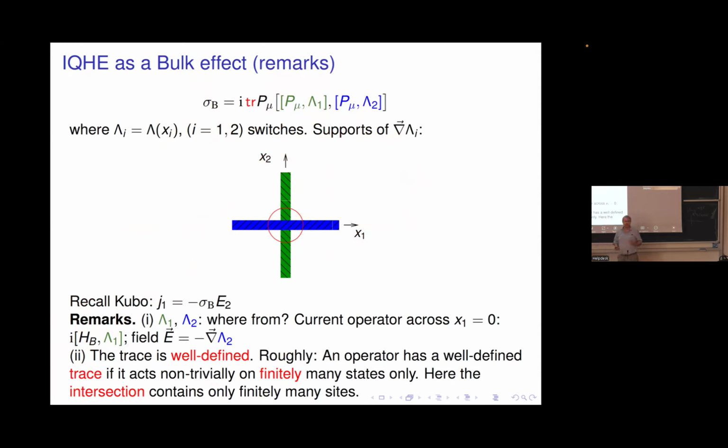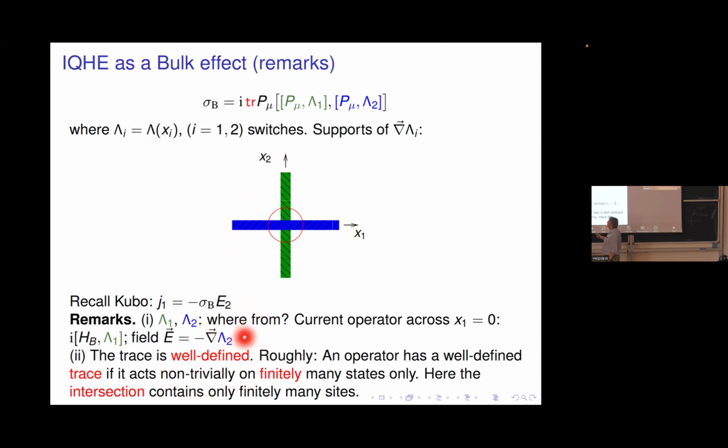So that's the physical origin of having the switch function lambda 1. This current would be infinite if the electric field were everywhere, but if the electric field is present only in the blue region, then it would have a potential that is, say, 1 here and 0 there, which is again a switch function.